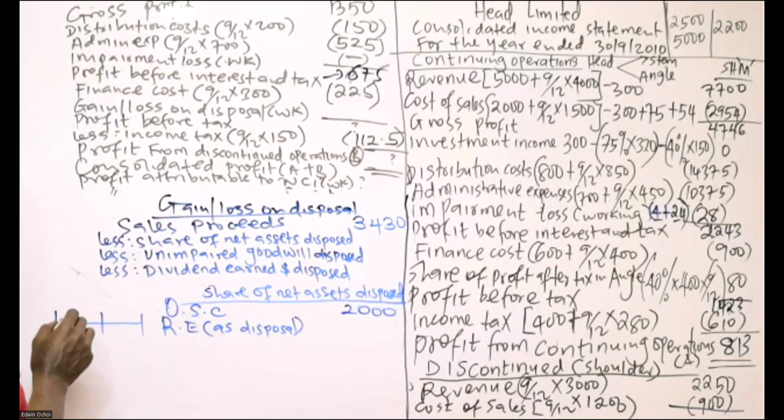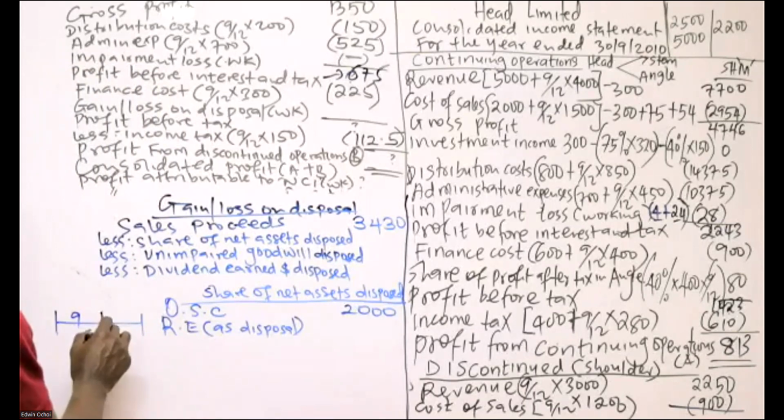After the first 9 months. It was existing for 9 months, then disposed in July 2010. Our financial year starts on October 2009, so from October 2009 to 1st July 2010 is the first 9 months.